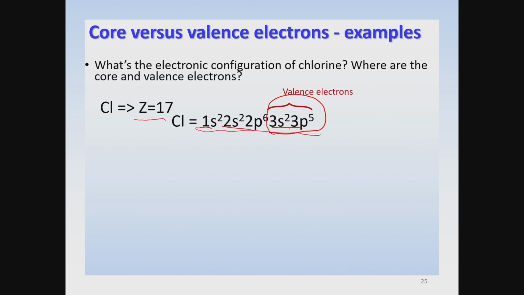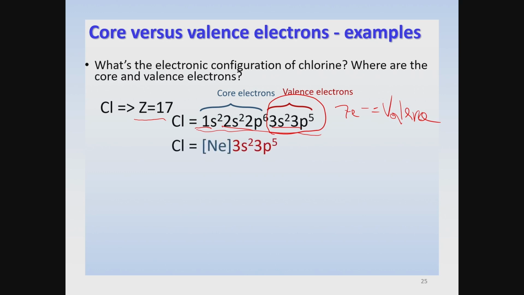The third energy level has 2 in the s sublevel and 5 in the p sublevel. So there are a total of 7 valence electrons in chlorine. You should be able to look at a configuration like this and count the valence electrons. All the other electrons that we did not count as valence electrons are core electrons.